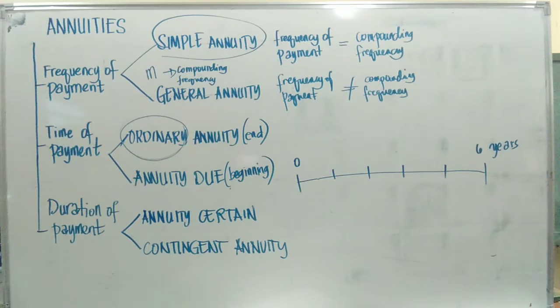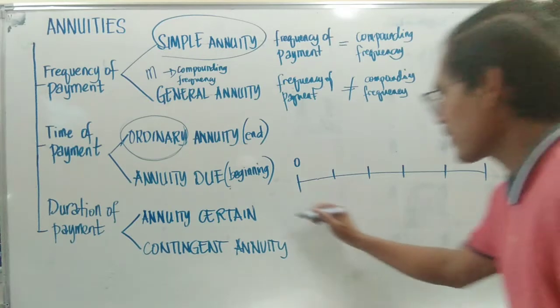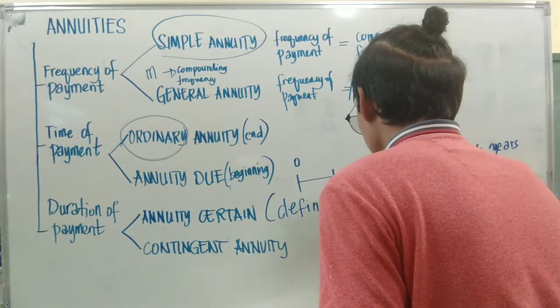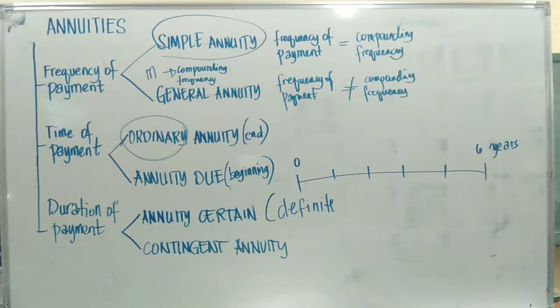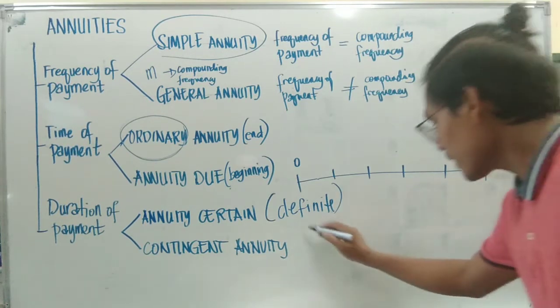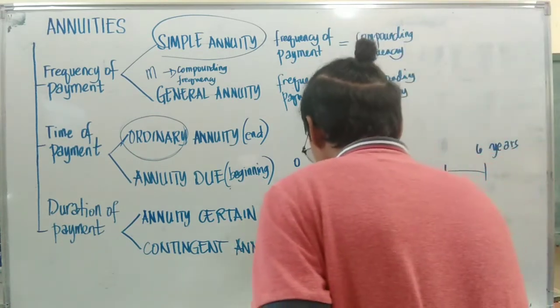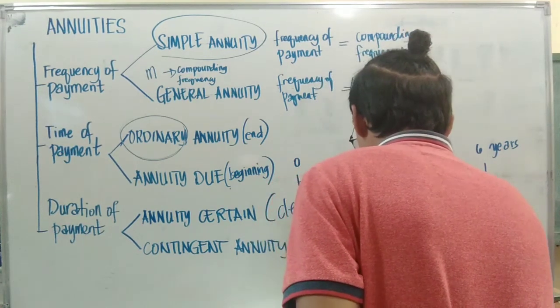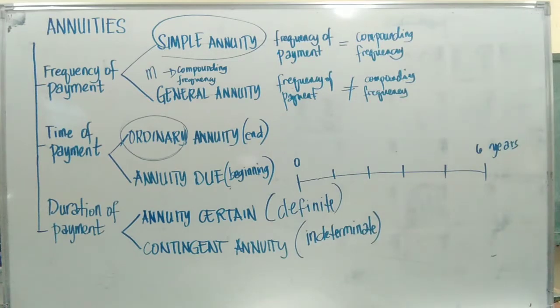Okay, and you are saving a certain amount every month until 6 years duration. Okay? So annuity certain, we have definite time frame or duration. While on contingent, we have indeterminate time frame or length of time.